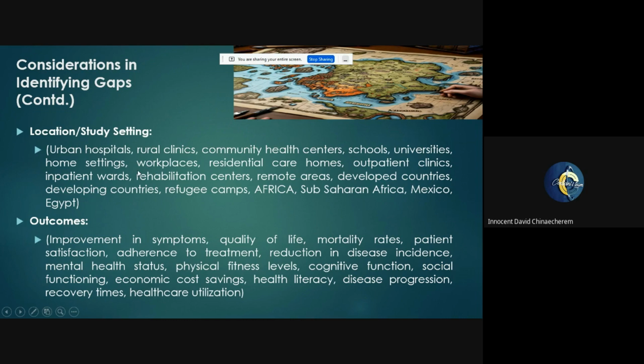It could be in a religious setting, in IDP camps, in a church, in an Islamic setting, whatever can be your study setting. So these are refugee camp, Africa, Sub-Saharan Africa, Mexico, Egypt, Nigeria, thousands of.